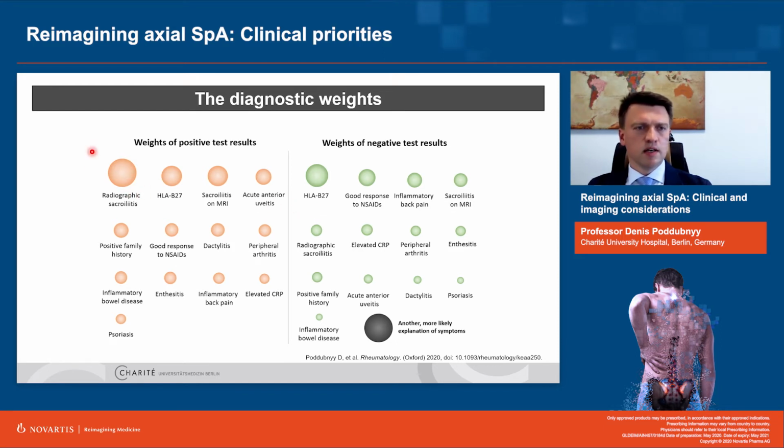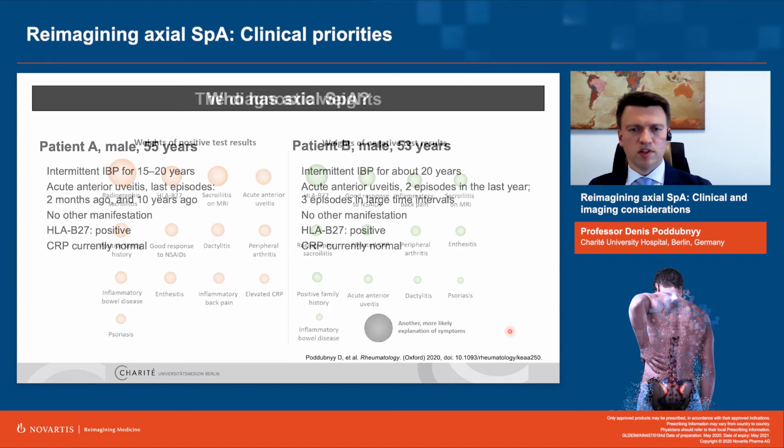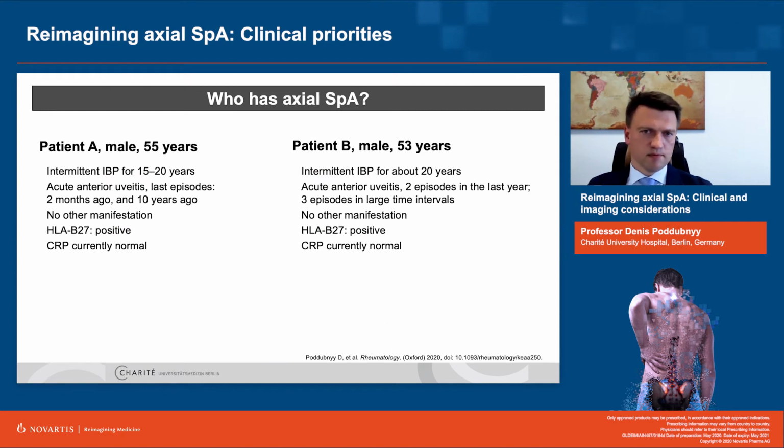For example, radiographic sacroiliitis has a quite high weight if it is positive, but not that high weight if it is negative. And what is very important for the diagnostic approach, that we can also put here another explanation of symptoms, more likely explanation of symptoms that should be considered within the negative test results.